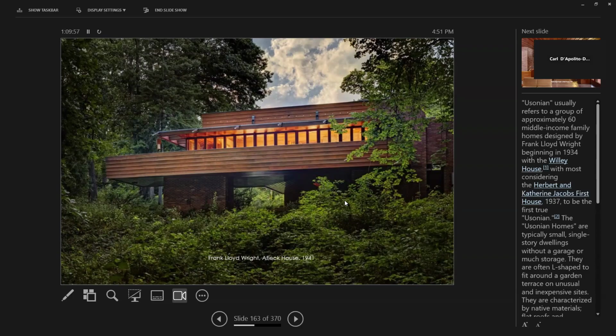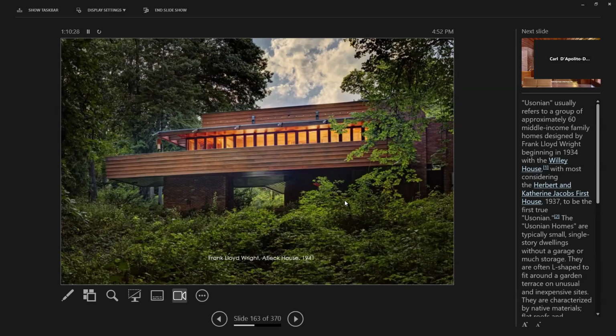The Usonian houses. I don't know if you guys know the Usonian houses. They're really wonderful. I have to say, the Usonian houses are the thing that makes me still excited about Frank Lloyd Wright. They're not his fancy houses for clients. They were his very small, middle income houses that he believed were a type. They're a type that he designed.